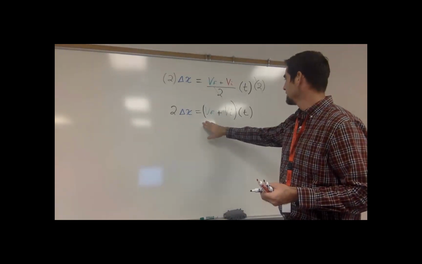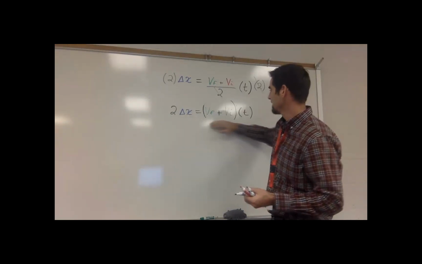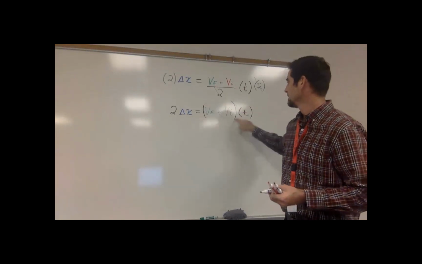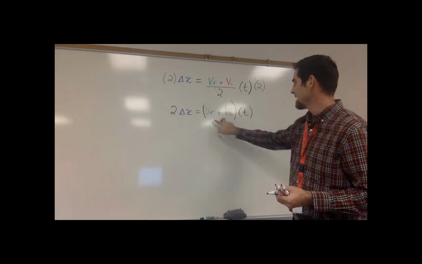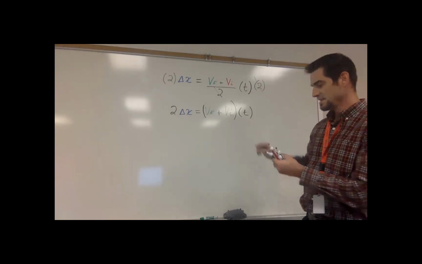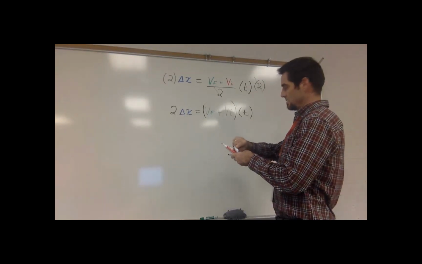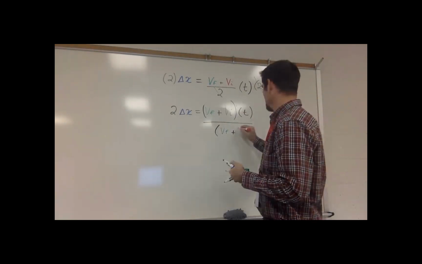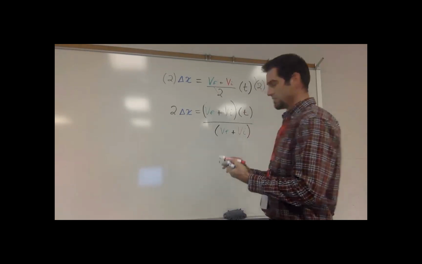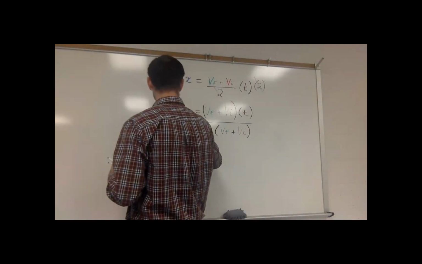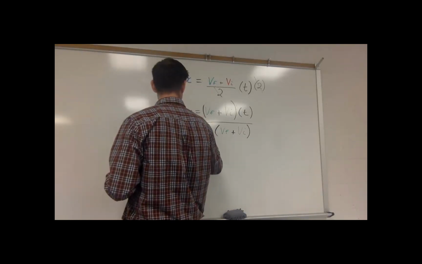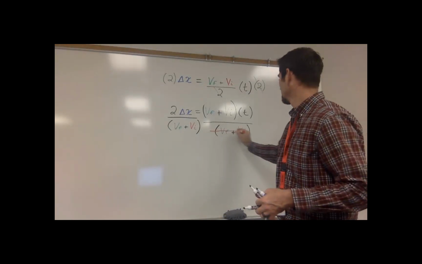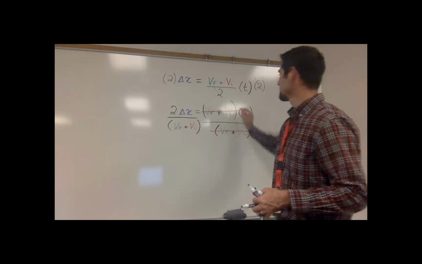So now we need to get rid of this part, this VF plus VI, because we want to solve for T. So to get rid of this whole thing, since these two are multiplied together, VF plus VI multiplied by T, we can divide out this whole thing, VF plus VI. We have to do the same thing on the other side, VF plus VI. Okay. So now what cancels out? These whole terms cancel out.